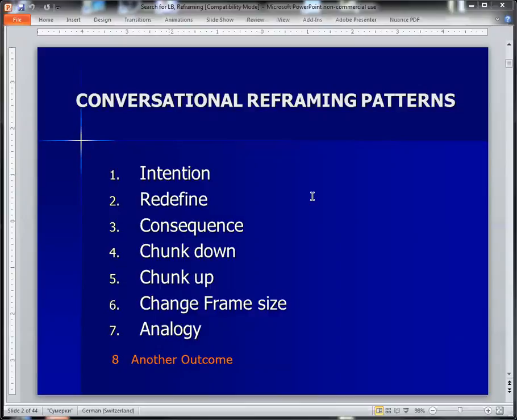Redefine is when we repeat exactly the same phrase, exactly the same limiting belief, changing just one tiny word, the harshest one, the most difficult, the stiff core of the belief. Usually it's one particular word.